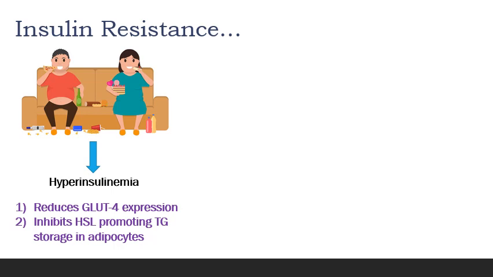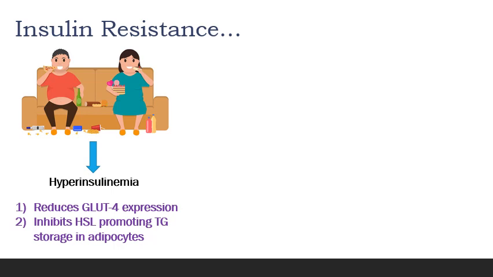So this reduction in the transporter means that the glucose remains in the bloodstream rather than being facilitated into the cells. So to achieve glucose homeostasis, the glucose gets converted to glycerol, bound to fatty acids, and becomes a triglyceride to be stored away.